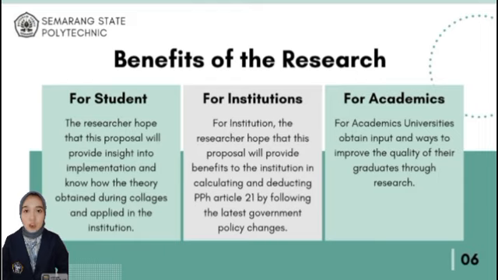The researcher hopes that this proposal will provide benefit to the institution in calculating and deducting income tax Article 21 by following the latest government policy changes. And last, for academics. Universities obtain input and ways to improve the quality of their graduates through research.